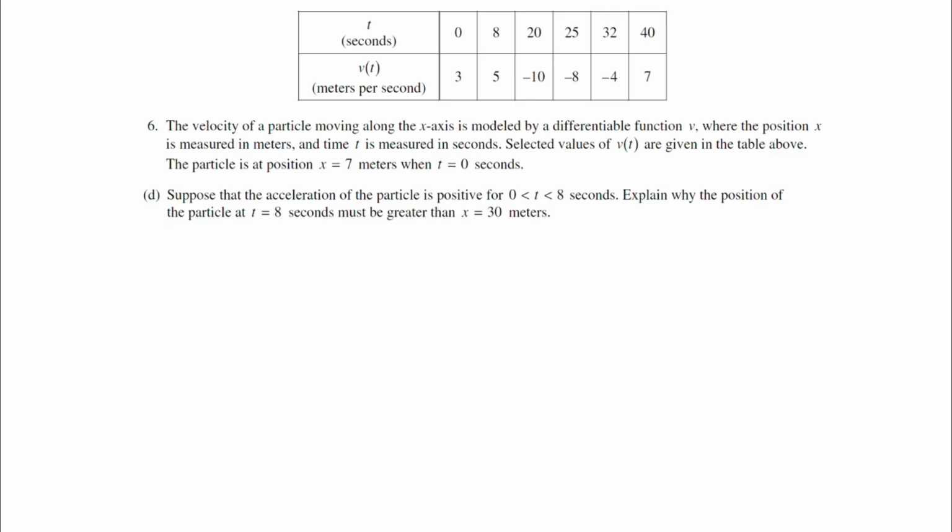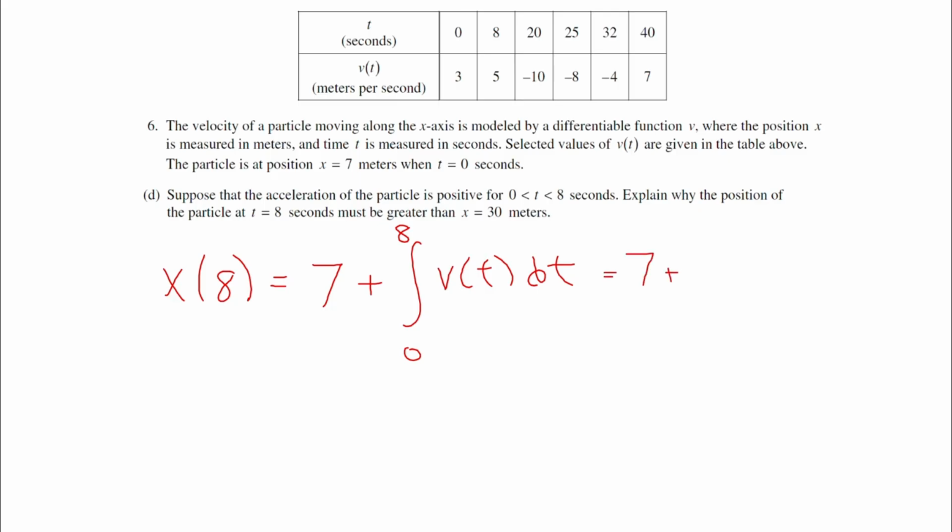So x of 8, the position at 8, would equal the initial position of 7 plus the integral from 0 to 8 of v of t dt. We're going to have 7 plus a distance over the interval from 0 to 8.